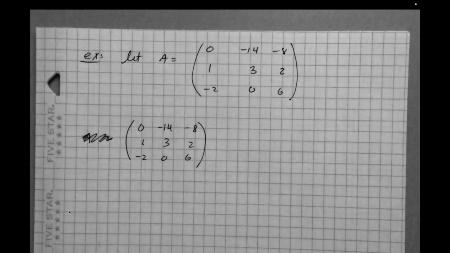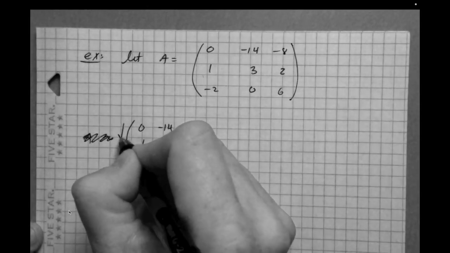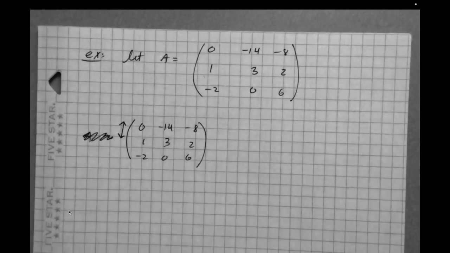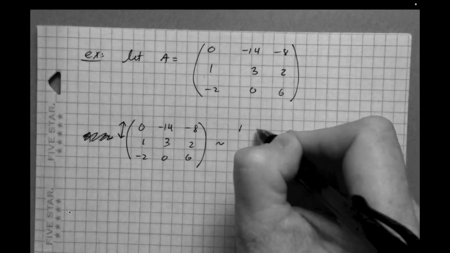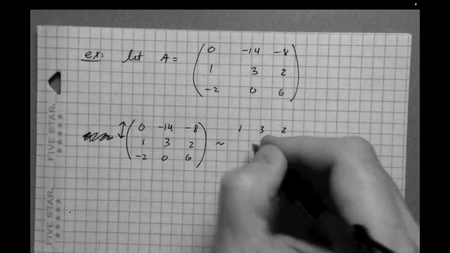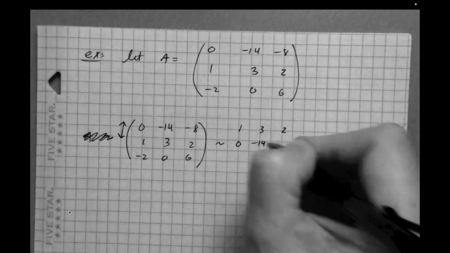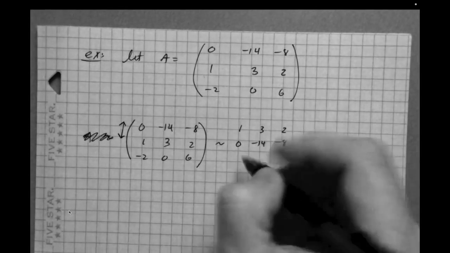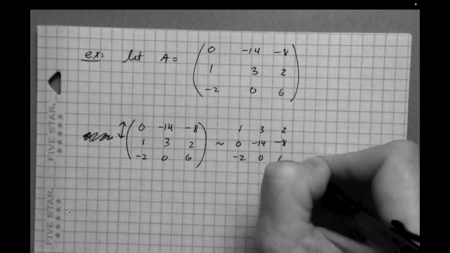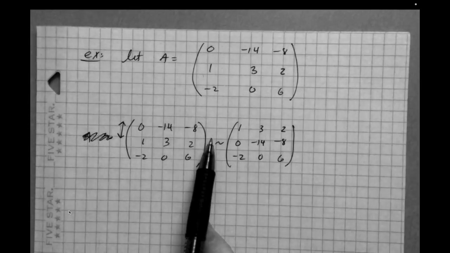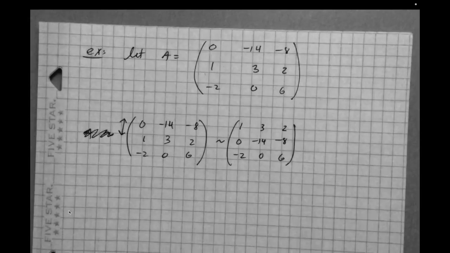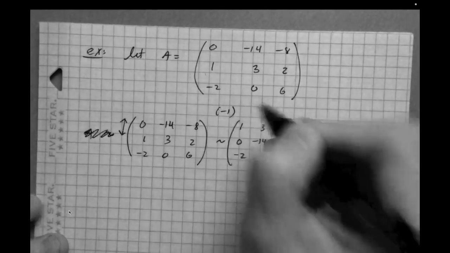The first thing I'm going to do is swap row 1 and row 2. When I do that, it's 1, 3, 2; 0, -14, -8; -2, 0, 6. Now, what does this row operation do to the determinant? Well, it flips the sign, so I'm going to make a note there.